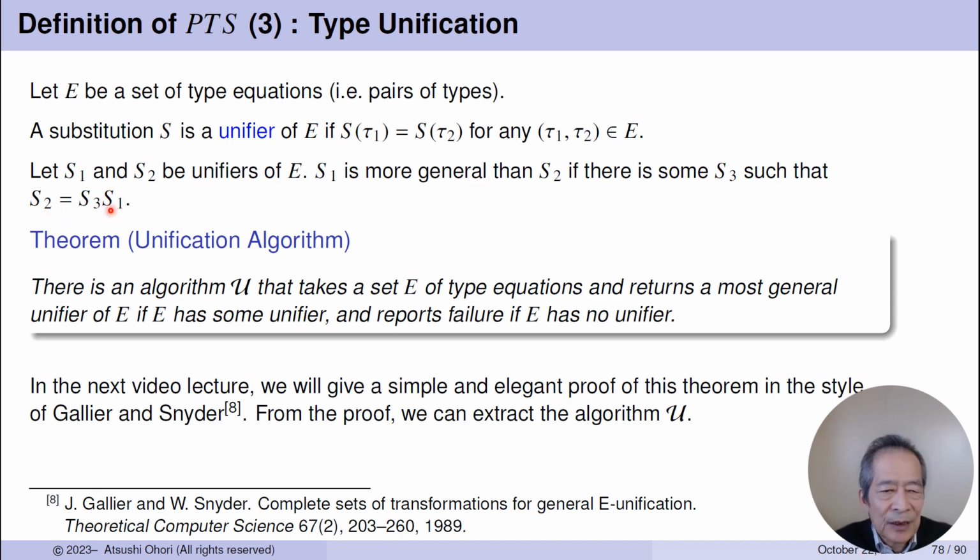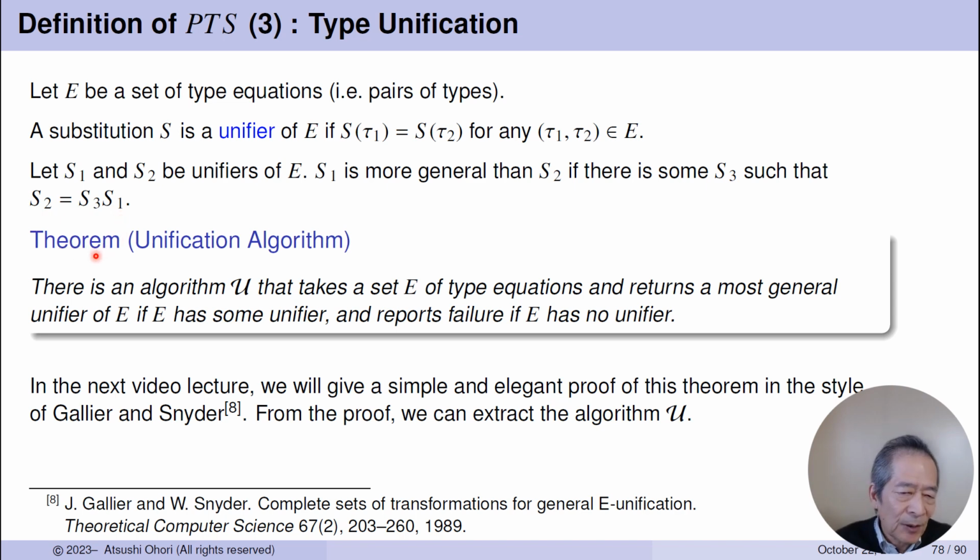That is one reading of this equation. Then S2 is more specific, S1 is more general, right? So S2 can be obtained by specializing S1 with this substitution. So this is the intuitive meaning of this more-general-than relation.